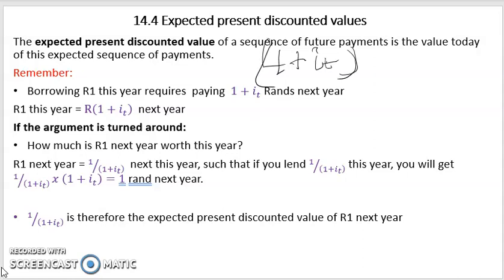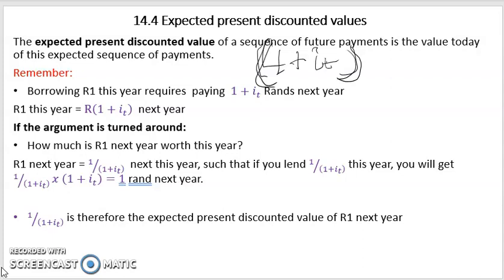Now that that is established, for the purpose of the present discounted value, what we need to ask is how much is R1 next year worth today? In other words, if you wanted to get R1 back next year, how much would you have to borrow this year?